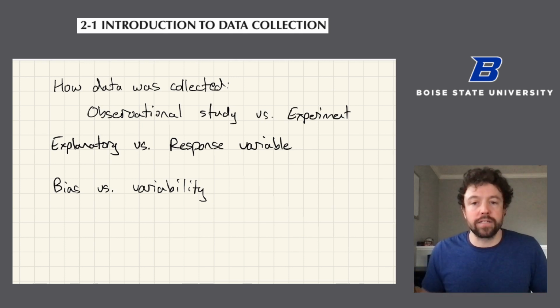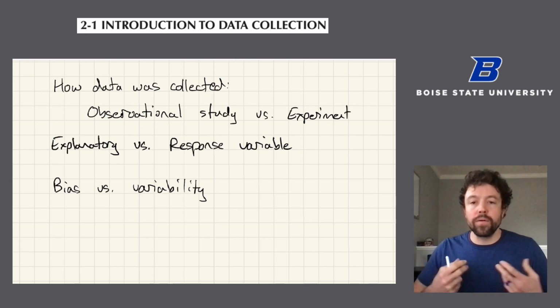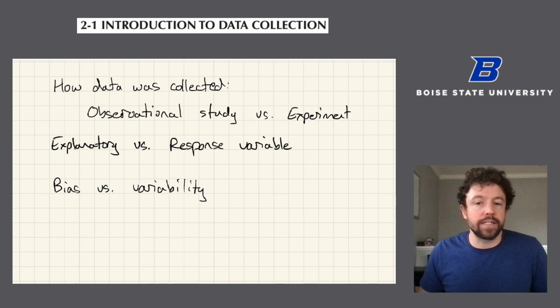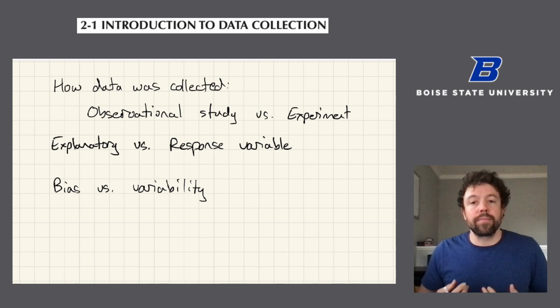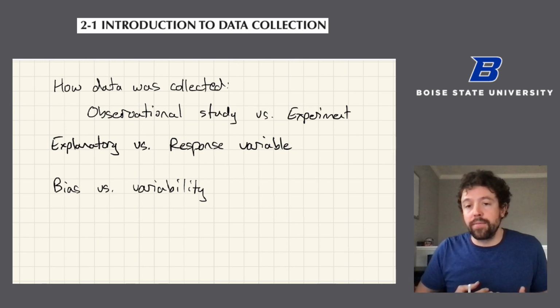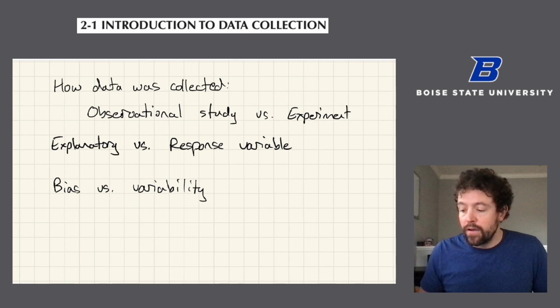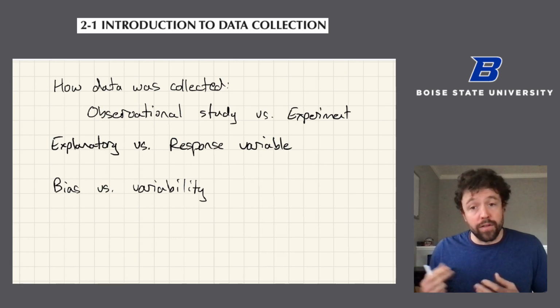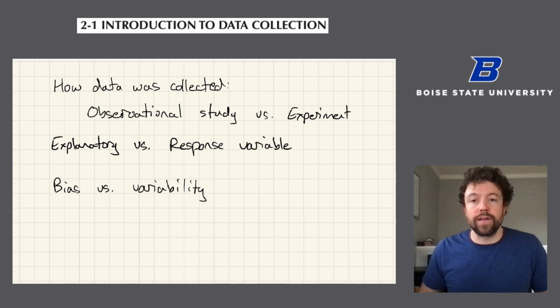If we're trying to estimate some population parameter like a population mean, we don't expect when we go get a sample of, let's say, 50 people, that the sample mean for those 50 people will be the same as the population mean. And in particular, if we go and get a different sample of 50 people, their sample mean is probably going to be different from the sample mean for the original sample and for the population. So different samples have different values, and those aren't the same as the population, is the idea of variability.